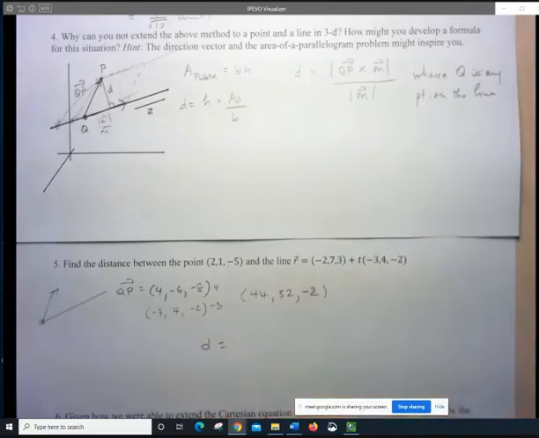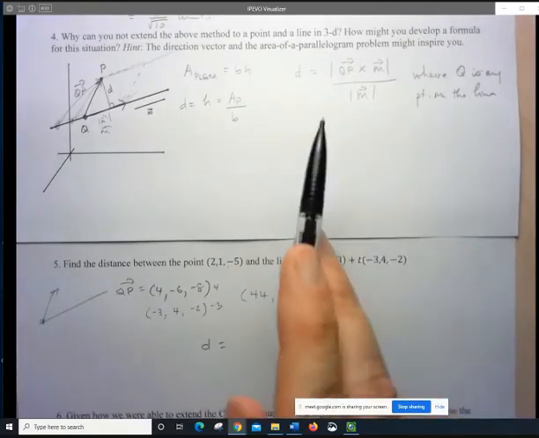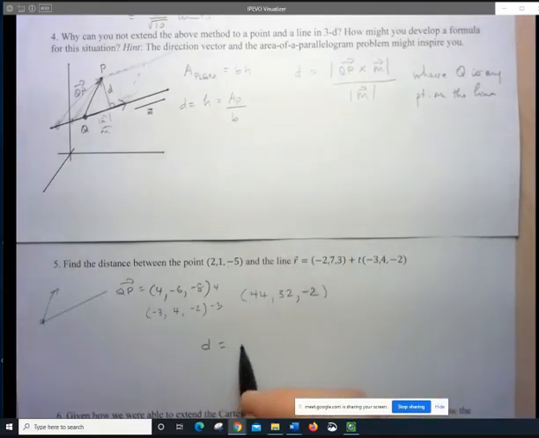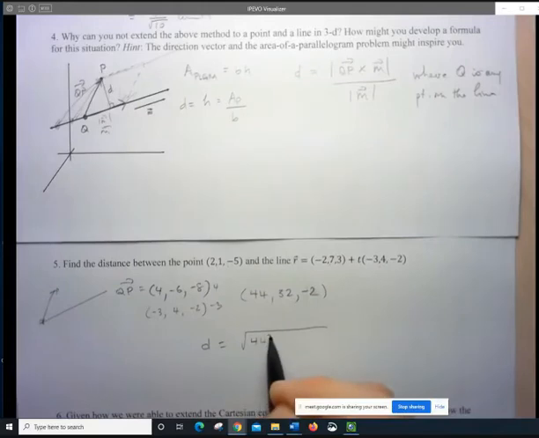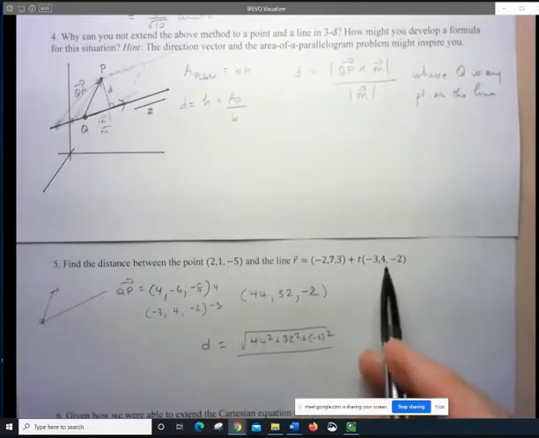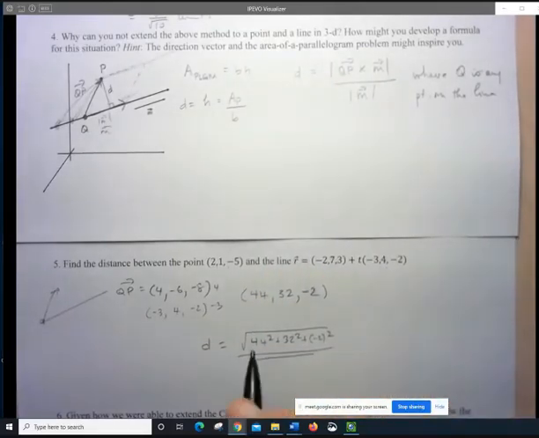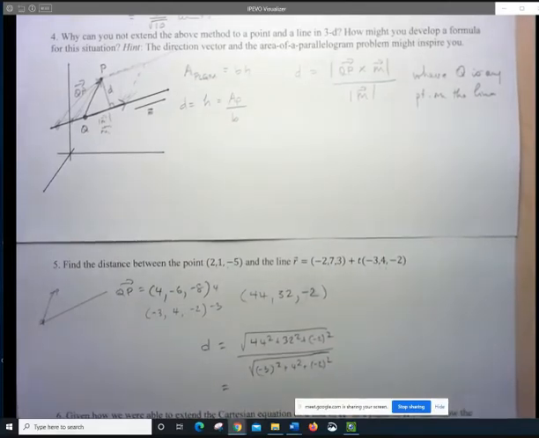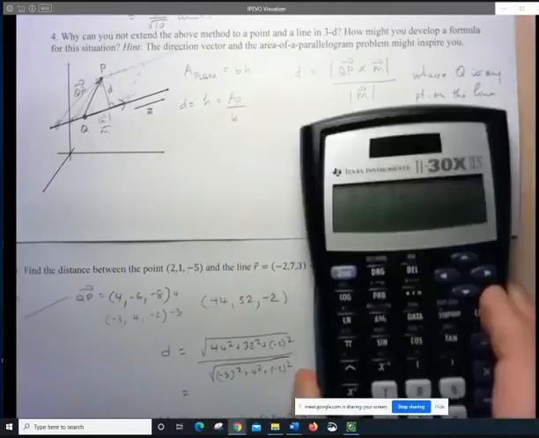Thank you. All right. So let's take a look. Our distance is the magnitude of this cross product. So the magnitude is going to be the square root of 44 squared plus 32 squared plus negative 2 squared, divided by the magnitude of the direction vector, which is the square root of negative 3 squared plus 4 squared plus negative 2 squared. And just to save myself from having to simplify this, I'll just find an approximation for it.